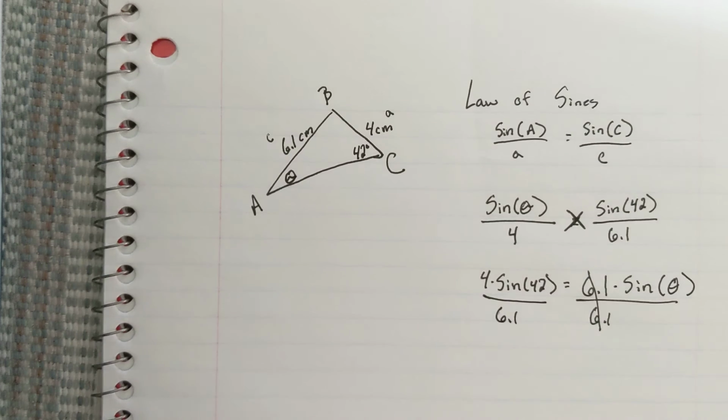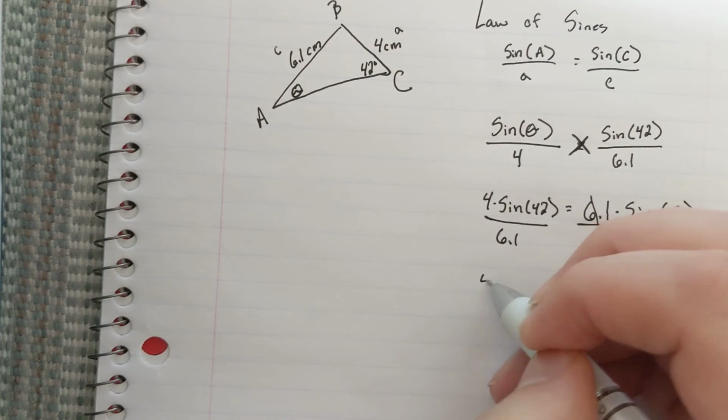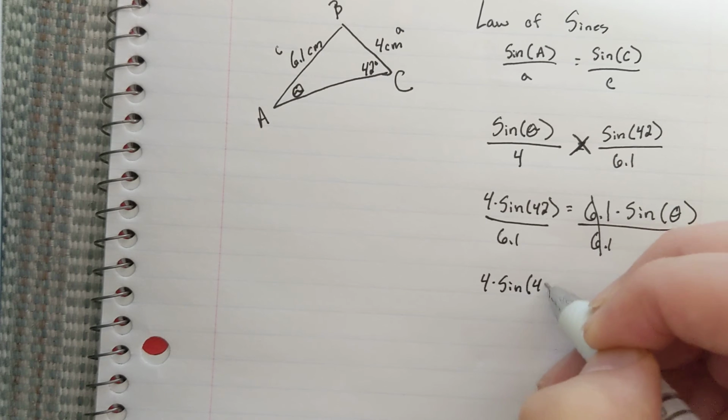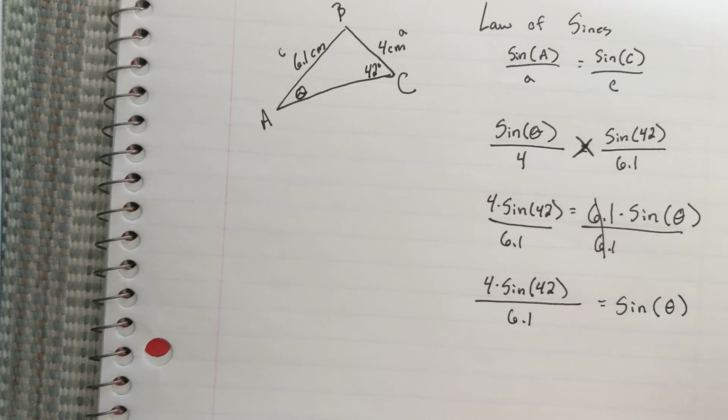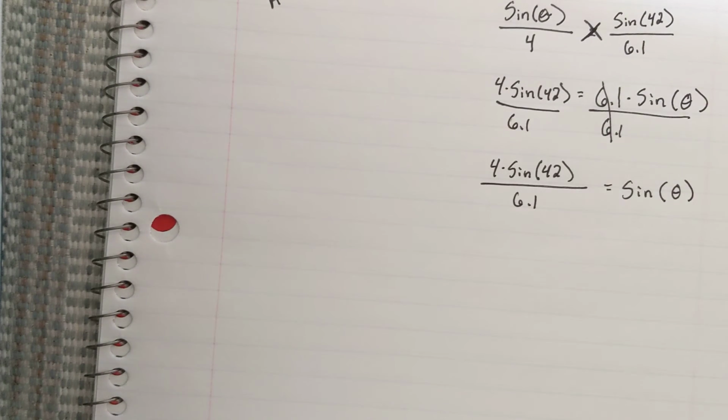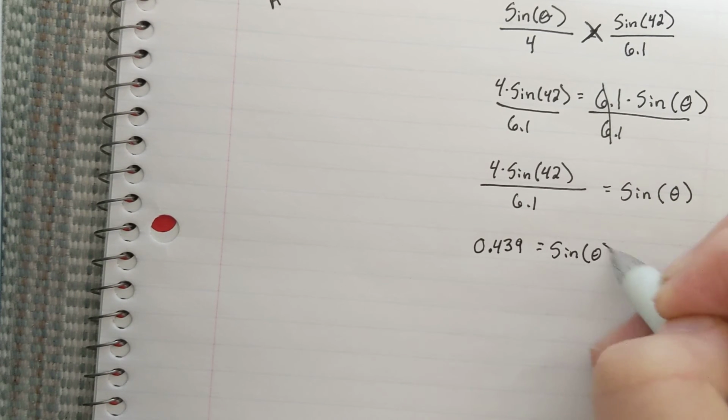So if I divide this by 6.1, I'm going to type this in the calculator so I get a decimal approximation. We get about 0.439 approximately equals the sine of theta.